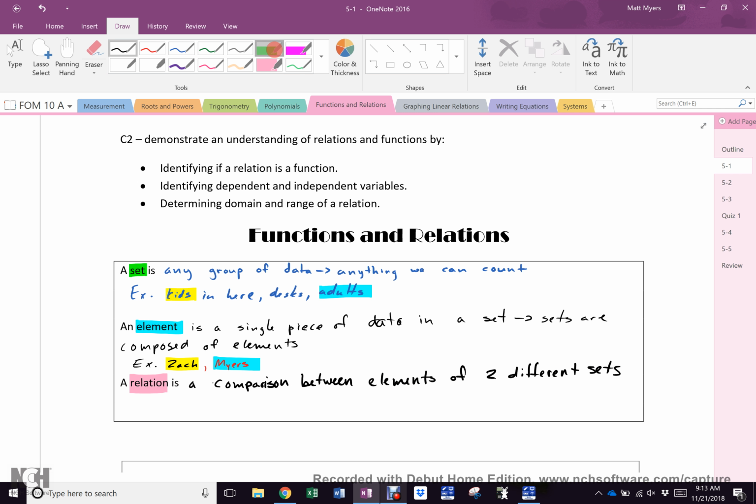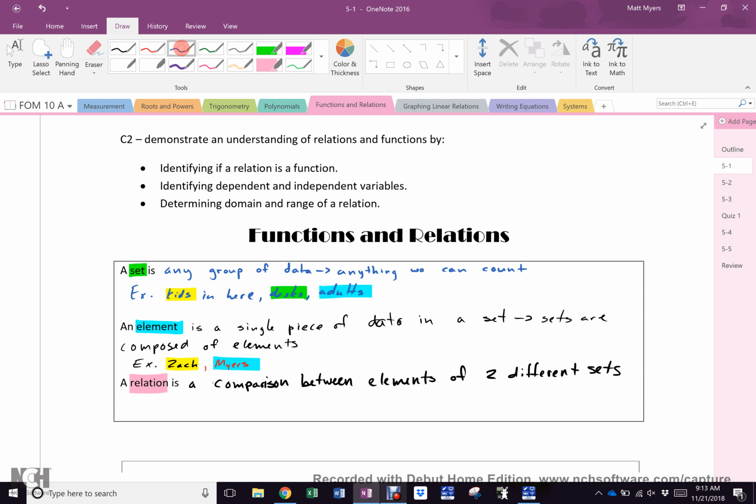So, kids and desks. Can I perform a relationship between them? No. How many desks are in the room? 30. How many kids are in the room? 20-some. Well, you see there's 3 empty desks, so do some subtraction. 27. Excellent. So that is a relationship, yes? I can relate the number of desks to the number of students.